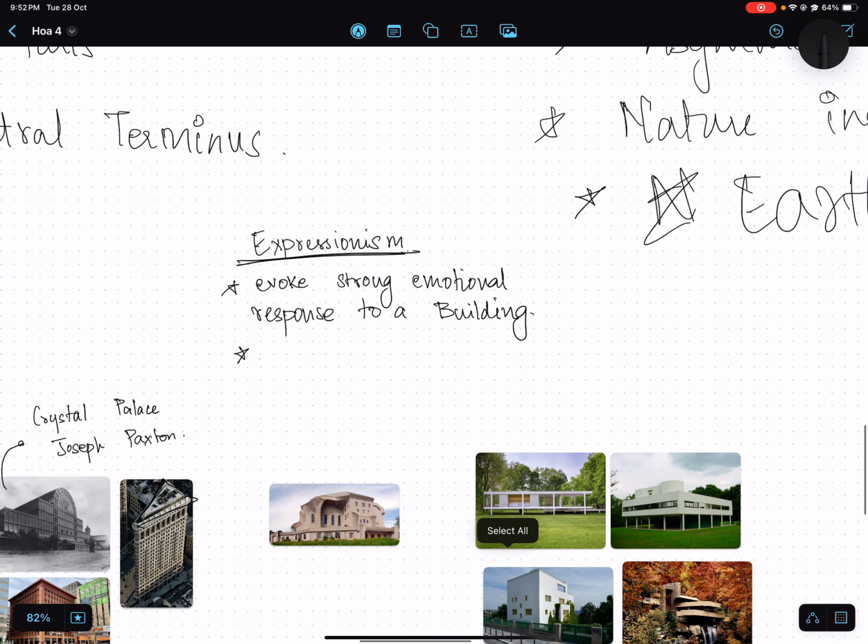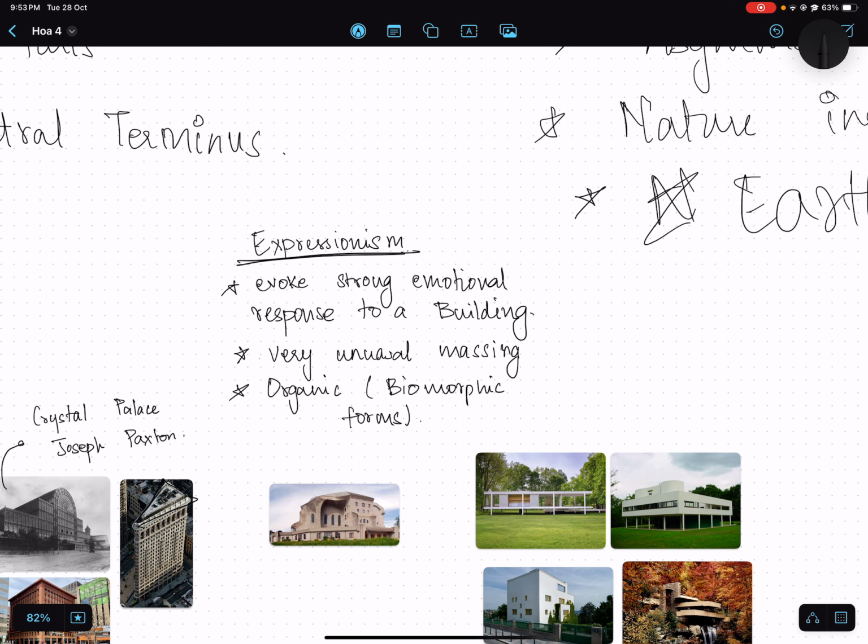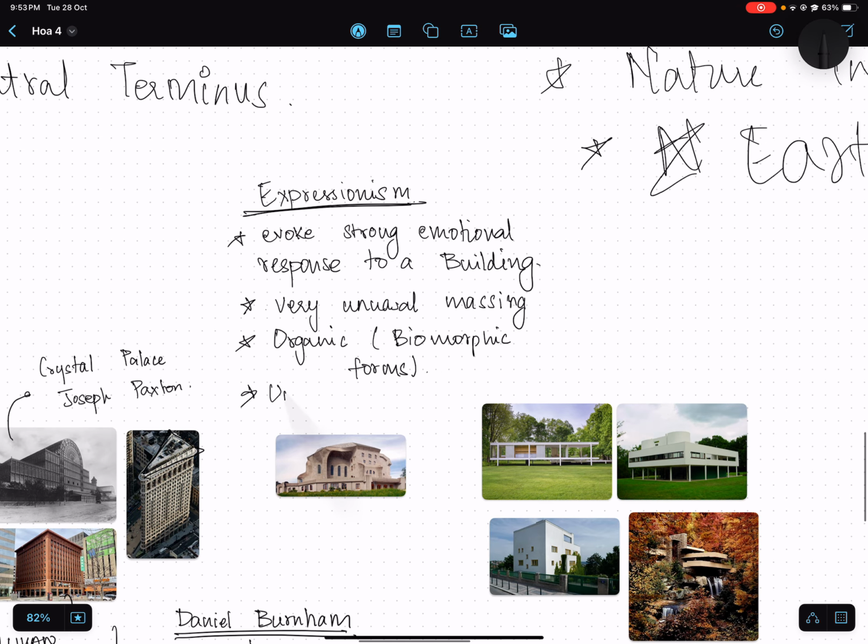So this had a lot of very unusual massing. It was kind of organic, or you could say biomorphic forms. It had a utopian and a romantic socialist agenda.